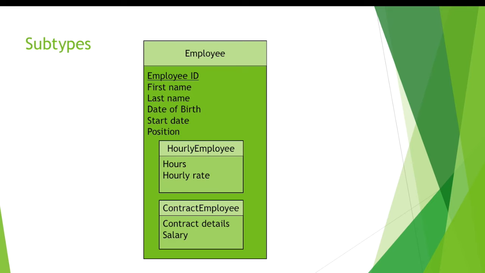And each subtype, as we just said before, inherits all the attributes defined in its so-called superclass, which is employee. That means, just for example, that an hourly employee doesn't only possess the attributes hours and hourly rate, but also the 6 attributes defined in its supertype employee, including the unique identifier.